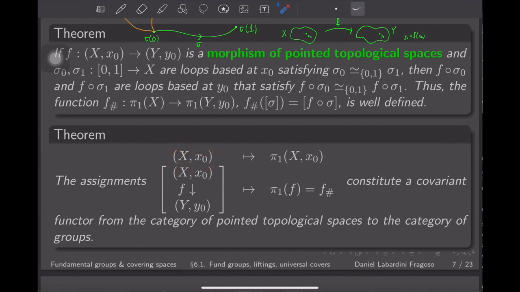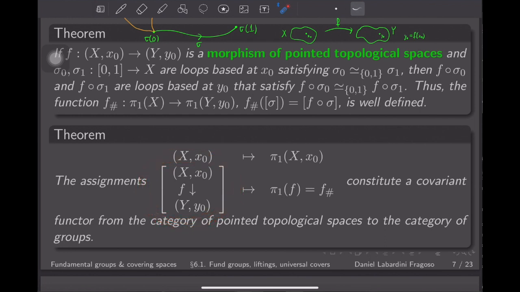I have a functor from the category of pointed topological spaces to the category of groups that to each pointed topological space associates the fundamental group of the space based at the base point considered in the pair, and each morphism of pointed topological spaces.